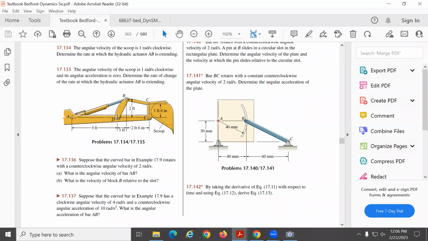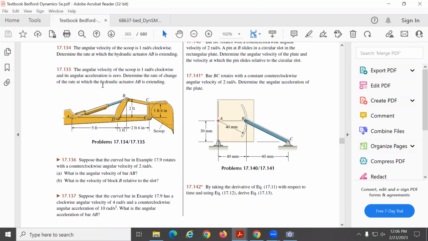So then you have the tangential acceleration, the normal acceleration, and then you have the Coriolis, no? I think that's it. That's just the relative acceleration that we do.